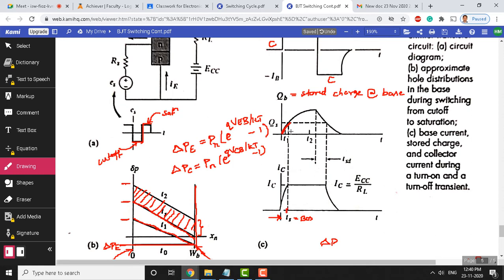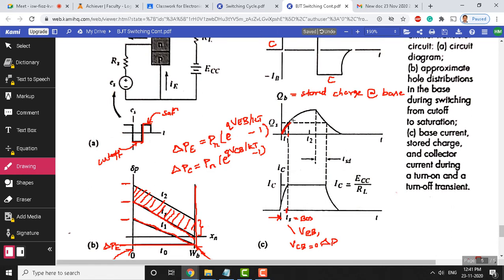You can observe at this particular time, at the beginning of saturation, you have applied the emitter base voltage, and further, along with the emitter base voltage, you are also applying the collector base voltage. So, beginning of saturation means V EB is applied, but V CB is 0. So, V CB is 0 here. Beyond this, V CB keeps increasing; V CB also we are applying after T S.